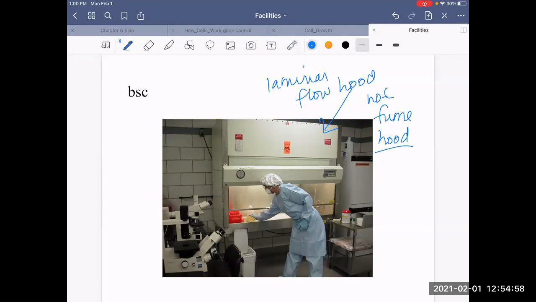This is to protect the organism that's in here so it doesn't get contaminated. We don't want to contaminate the organism. I'm pretty sure this is a cell culture lab because this is the inverted microscope and a carbon dioxide incubator.